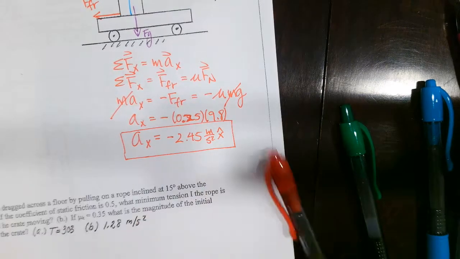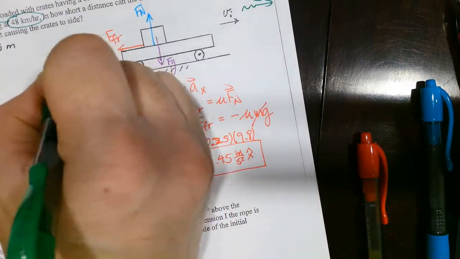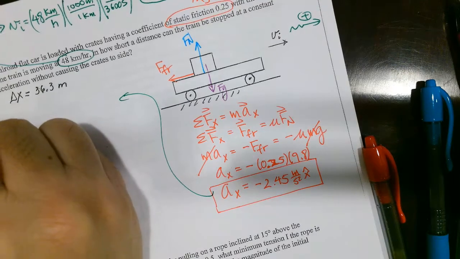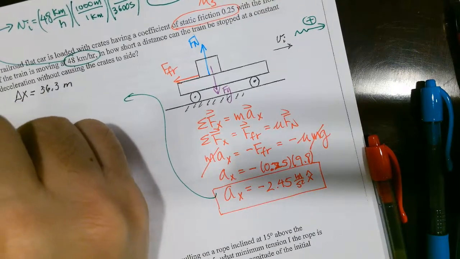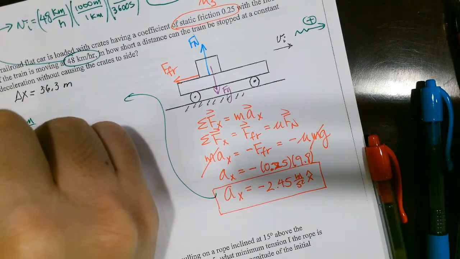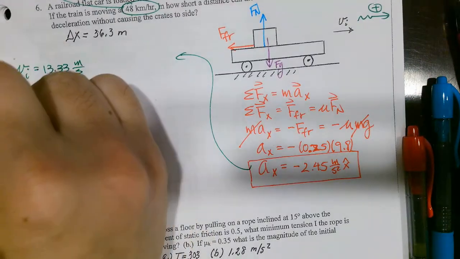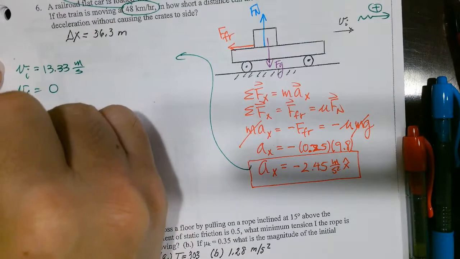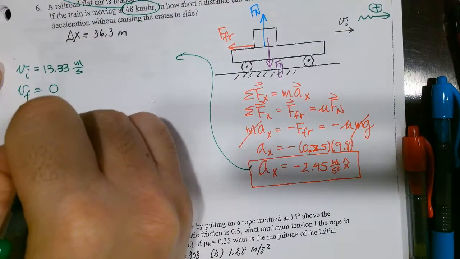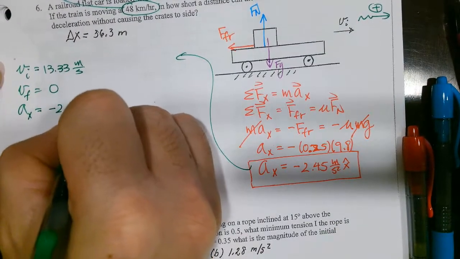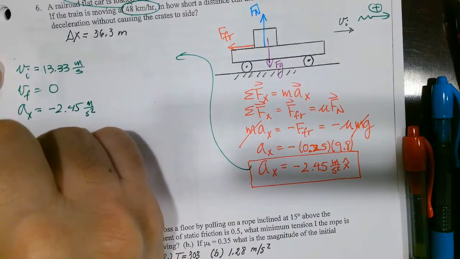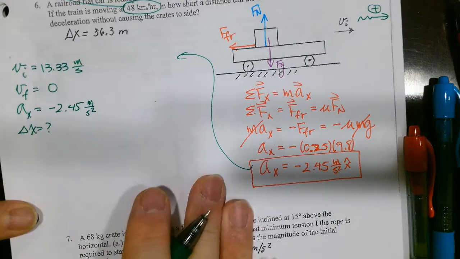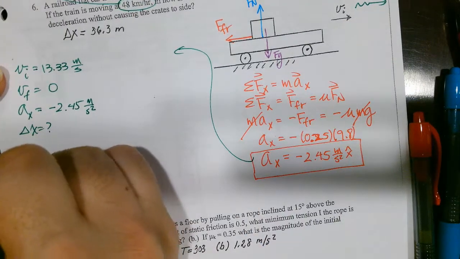So knowing that now, let's take a look at the kinematic side of it. We know the initial velocity is 13.33 meters per second. We also know our final velocity has to be 0. And our acceleration in the x direction is negative 2.45 meters per second squared. And I'm looking for delta x. Looks like equation number 3 because we have no time.